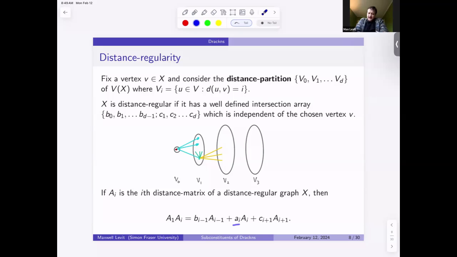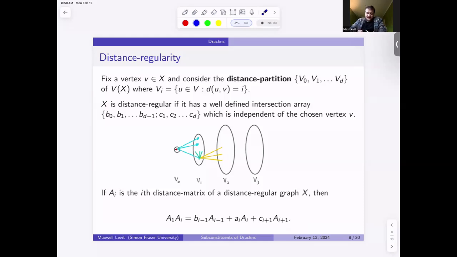And that A is coming up here in this fact, which is sort of why in algebraic graph theory we care so much about these matrices or graphs with this property, is that it gives us a very nice algebraic way to work with the matrix. So A1 is the regular adjacency matrix of the graph. Ai is this height distance matrix, which I already mentioned.